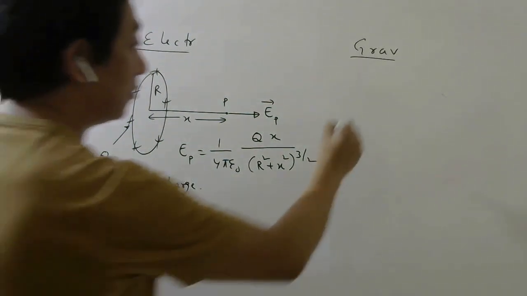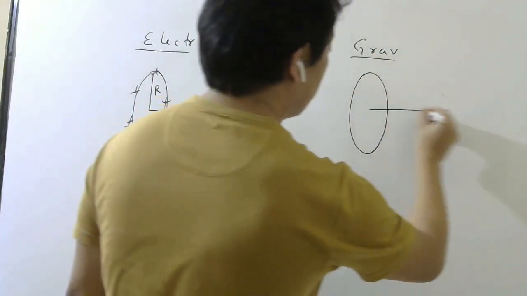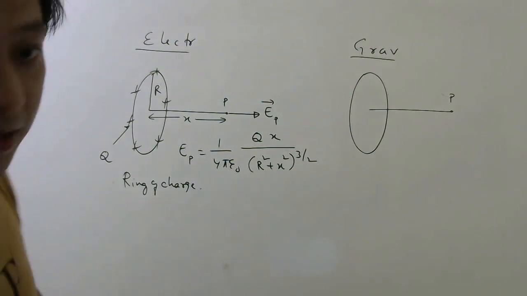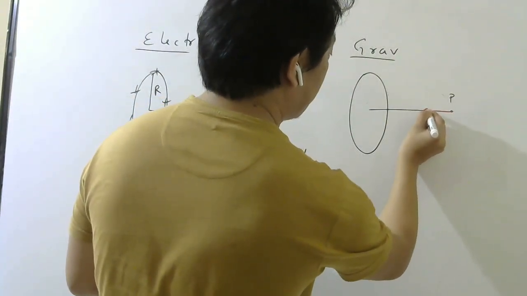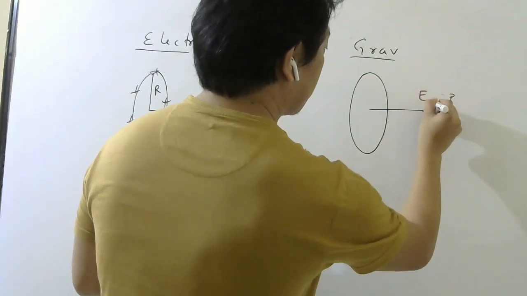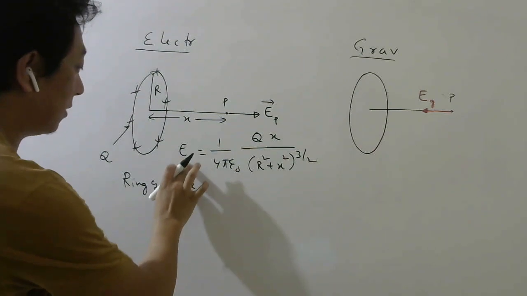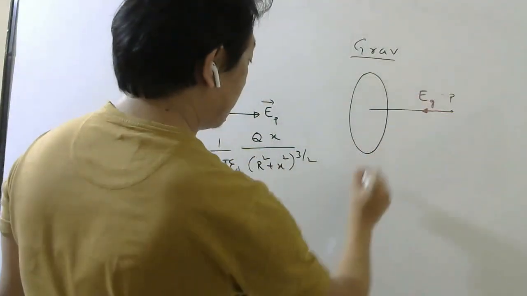Similarly, I may give you a ring of mass. And if I want you to find the gravitational field at that point, first of all, you have to be careful about the direction. It will be towards the ring, because it's attractive. And let me not write P. For the electric field, I'll write only E. Then what will be your EG?